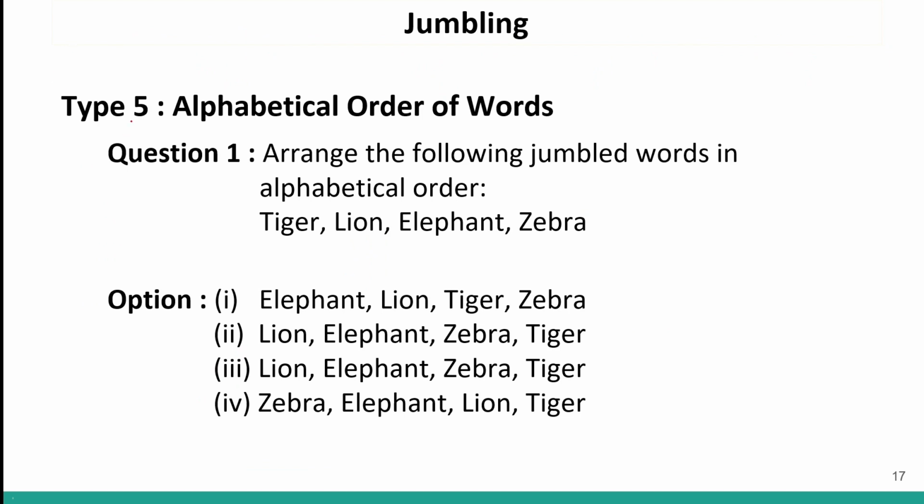Now we'll come to the last type, type 5, which is alphabet order of words. Whenever we talk about alphabetical order, that means increasing order. It is also called dictionary order.